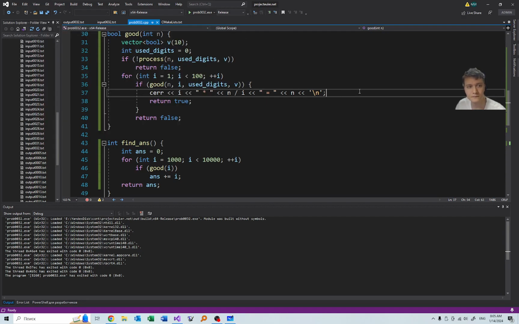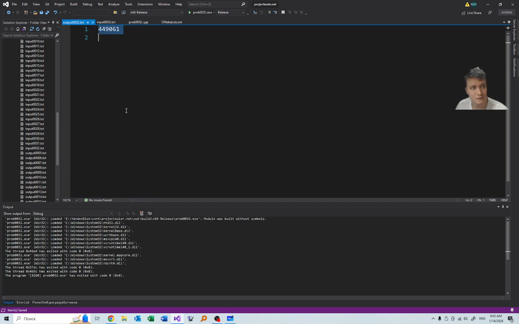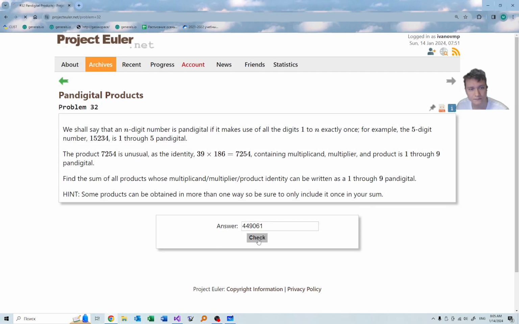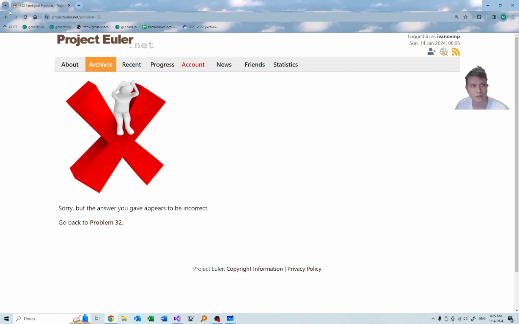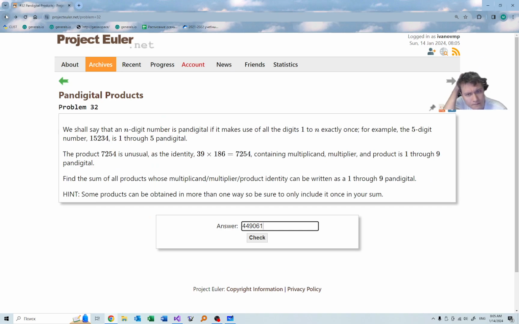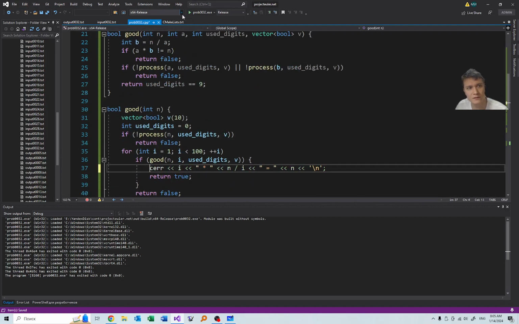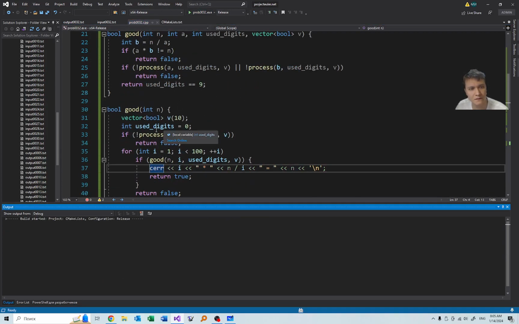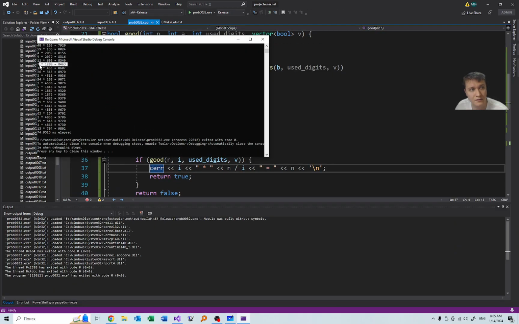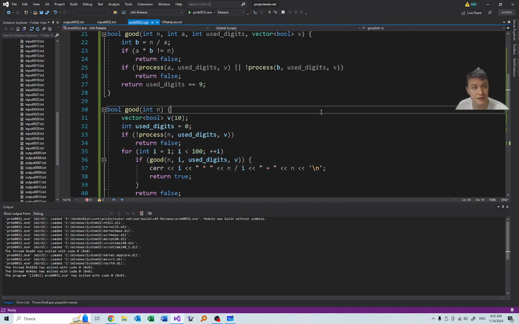Ah, I need to check it. So if there is a 0 digit, I should ignore it. For example, you can see here that if you have 0, it says that it is still fine, but it is not.